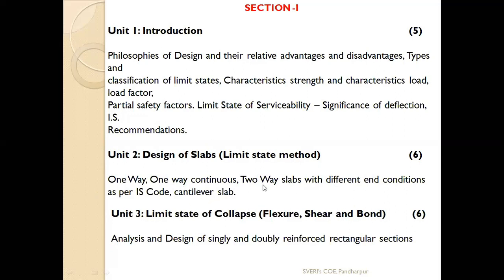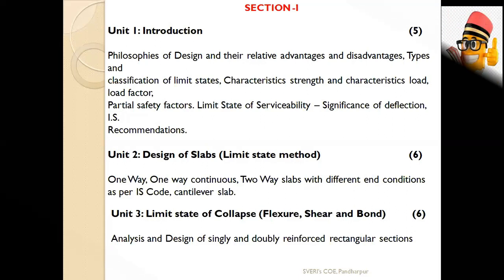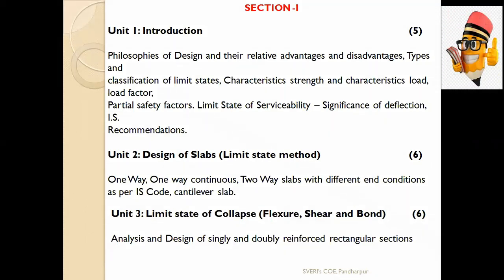How many types of slabs are there? 1, 2, 3 and 4: one-way slab, one-way continuous, two-way slab and cantilever slab. So there are 4 different types of slabs in your syllabus. In the exam, 100% there will be a question to design a slab. Any one of these 4 slabs can be asked in the exam.